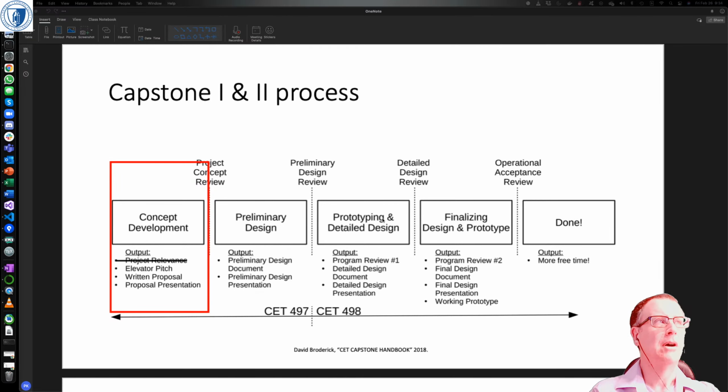But I think Professor Broderick says that the ideal size for a Capstone team is pi. Right? Since we can't slice people up into 0.1415926, that means that it's an average, and so somewhere around 3 or 4 people per team.